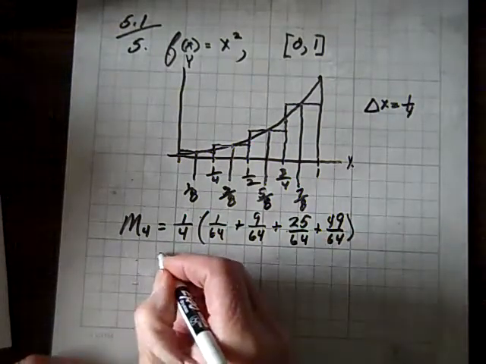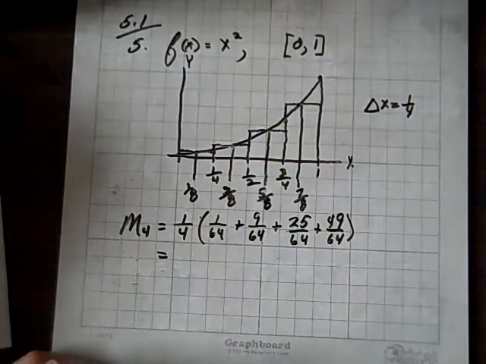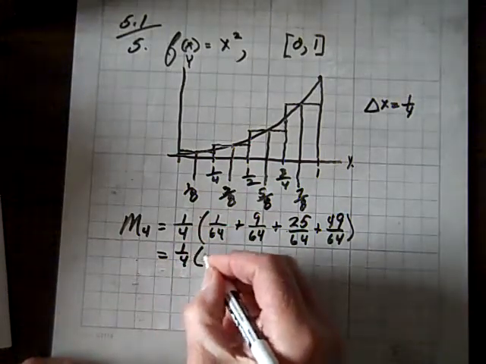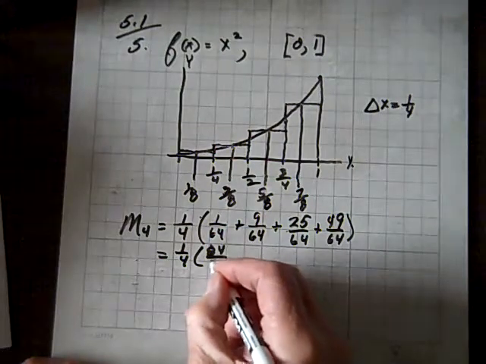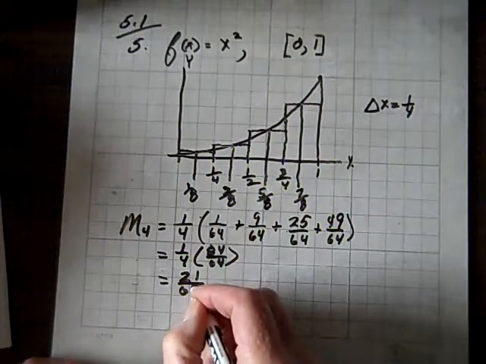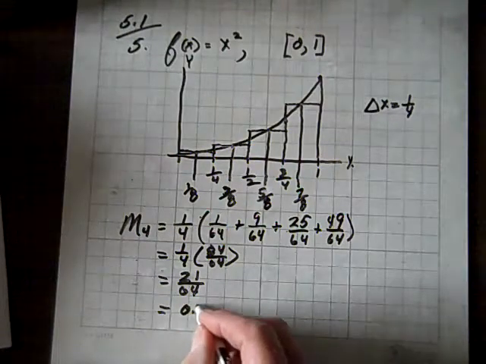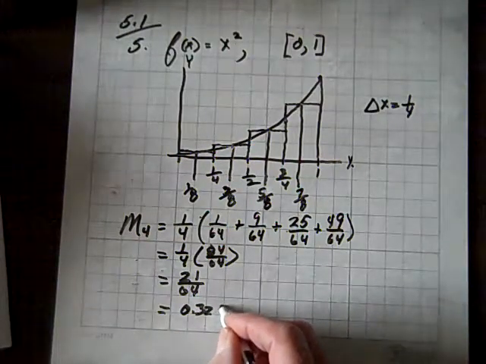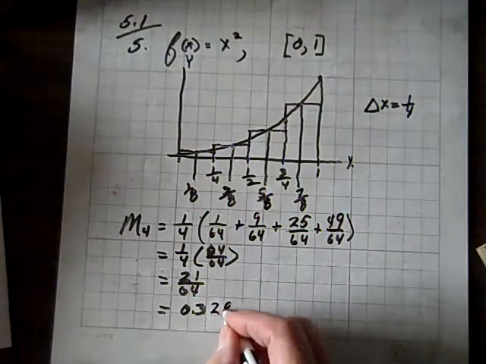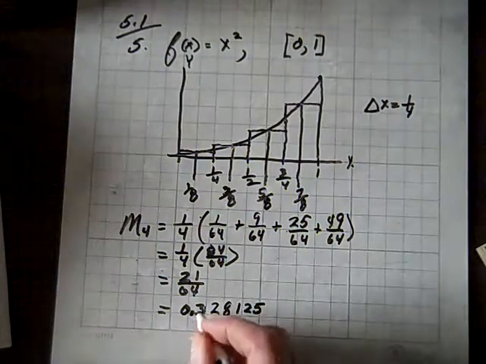Now, when we add those up and multiply, we get 1/4 times 84/64, and that reduces to 21/64, which equals 0.328125.